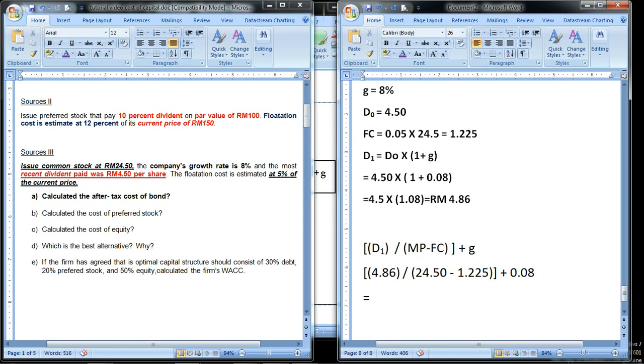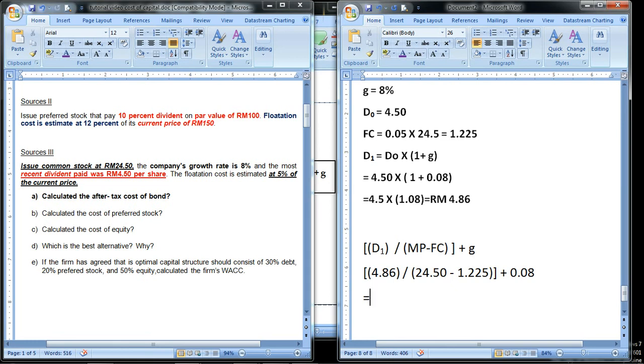Please calculate: don't forget to put two brackets. Bracket 4.86 bracket, divided by bracket 24.5 minus 1.225 bracket, equals 0.20881.